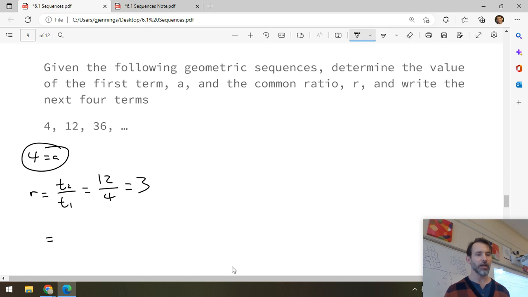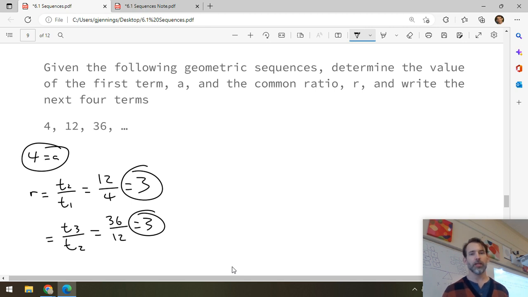It should also be equal to T3 divided by T2. Well, that's 36 divided by 12. Oh, that's also 3. So 3 is the common ratio. So in this case, Tn, the general term, would be 4 multiplied by 3 raised to the power n minus 1.